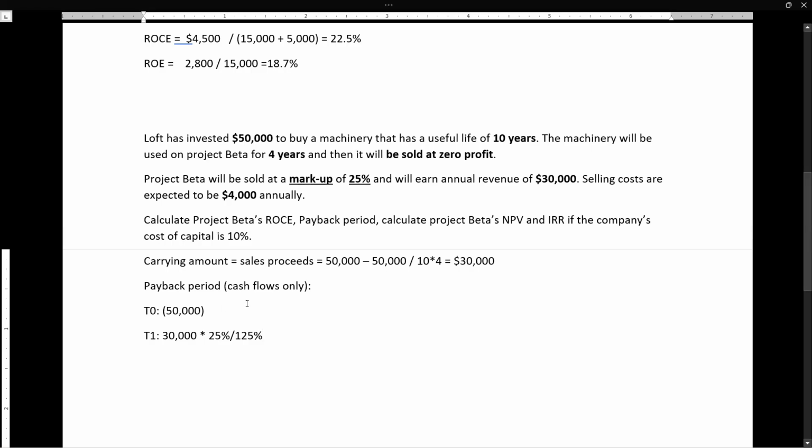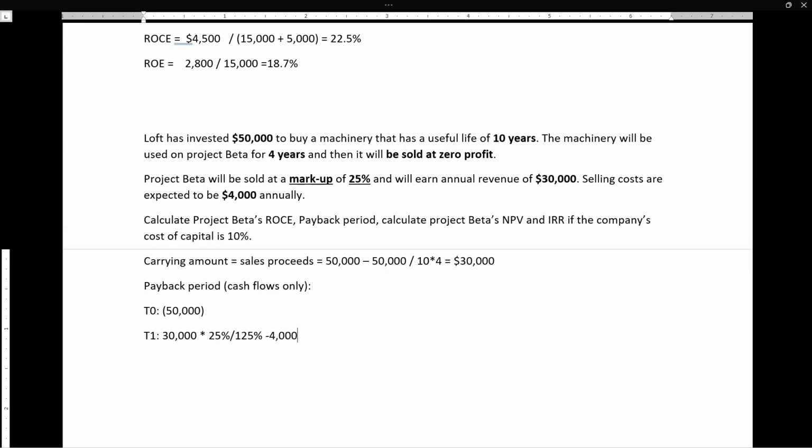That is going to be the contribution profit without accounting for any fixed cost. And then we also have this fixed cost. We have expected selling cost, and this selling cost is going to be 4,000.